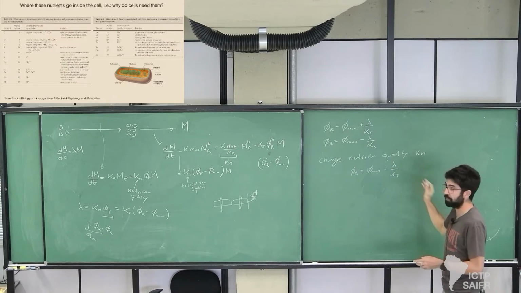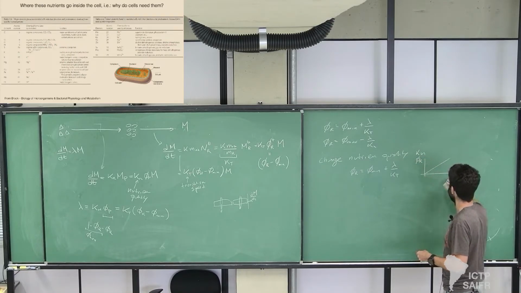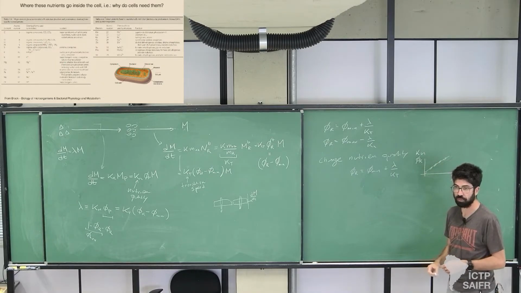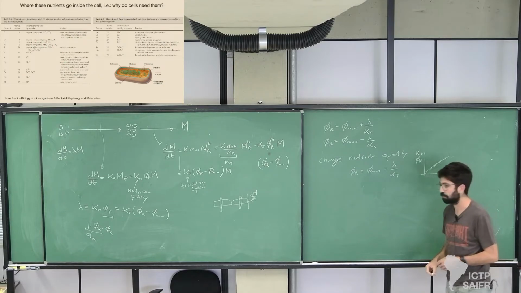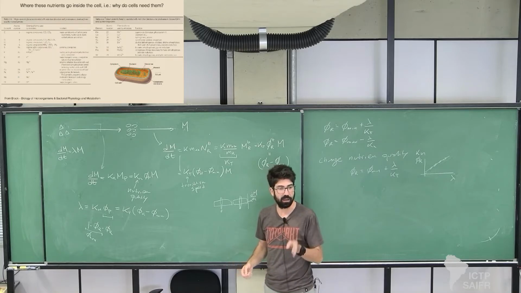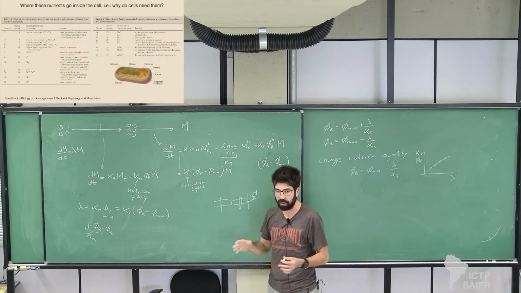So what I expect to see is that if I change nutrient quality and look at phi r as a function of lambda, I expect to see a linear relationship. This is something that you can do an experiment with. So you take E. coli, you have a bioreactor, you give different nutrients, and you see how they grow.